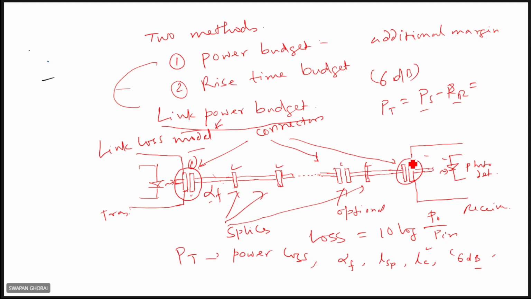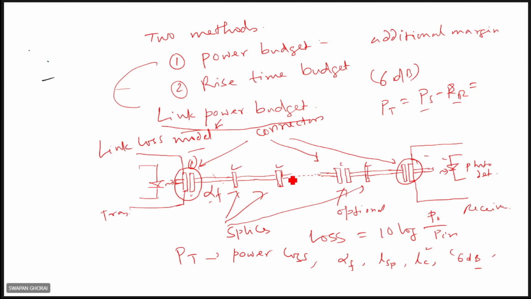Apart from those, there can be connectors in the link also, but that can be optional. There will also be splices. Connectors are used for temporary connections; you can connect or disconnect them, not the whole device. But splices are the permanent joints.